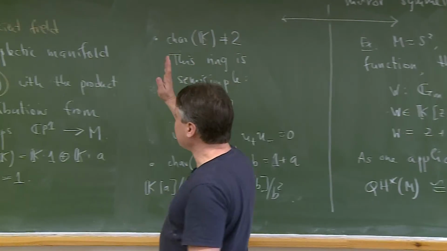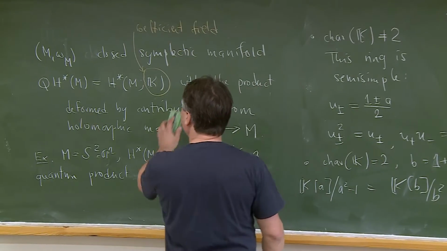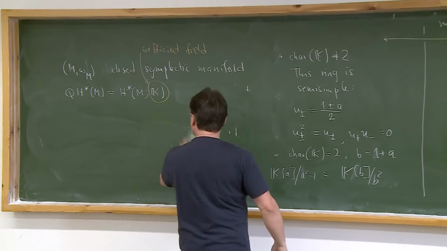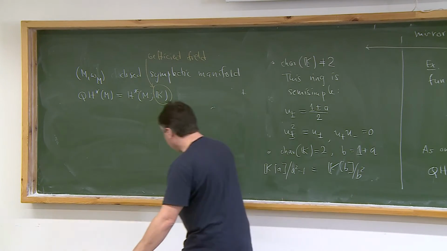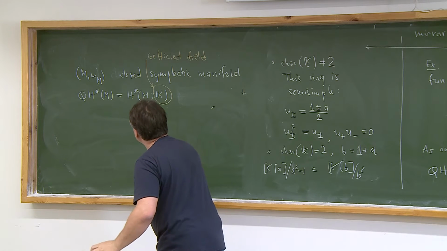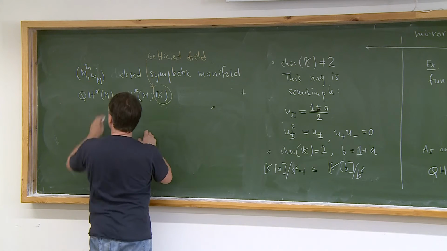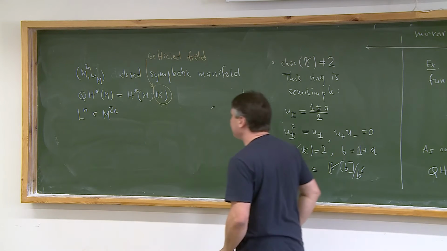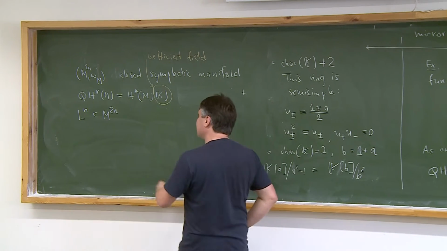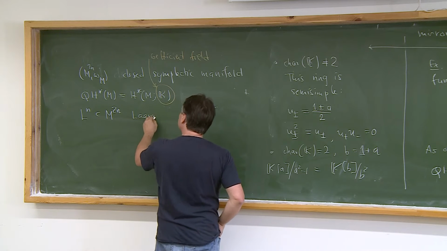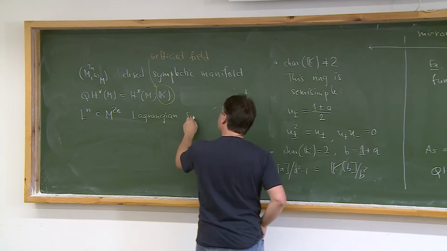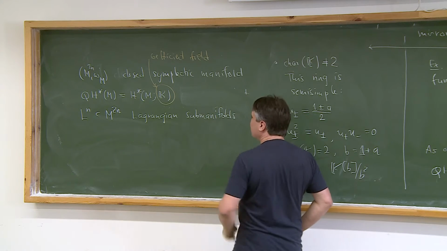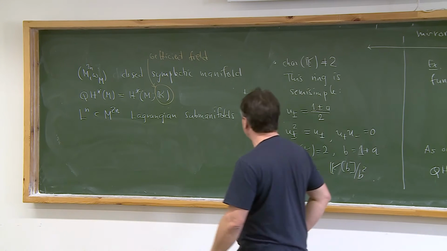So we had a closed symplectic manifold. We had the quantum homology ring. Now suppose that I have a two-dimensional manifold. I think that it would be interesting in symplectic geometry to consider Lagrangian submanifolds, subject to certain other conditions that I'm not going to specify.